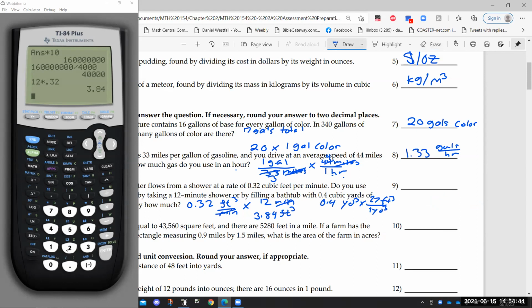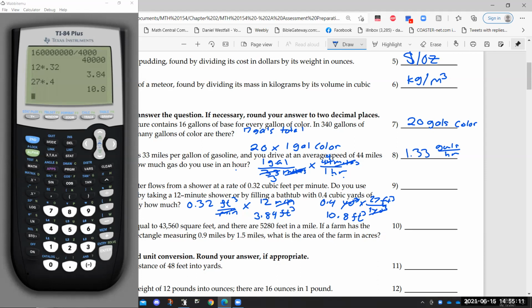So this is going to be 27 times 4/10, which gives me 10.8 cubic feet. And we use less water taking a shower. By how much?